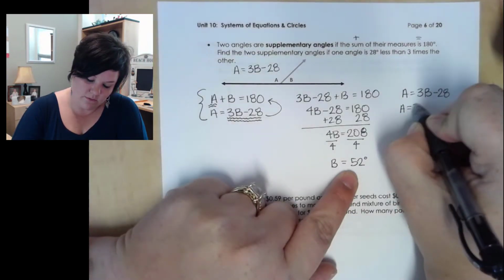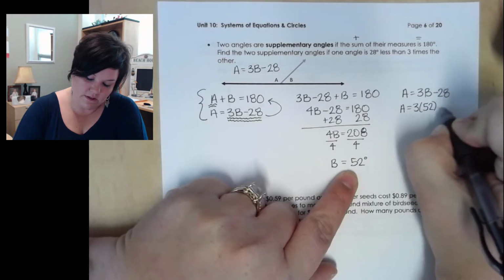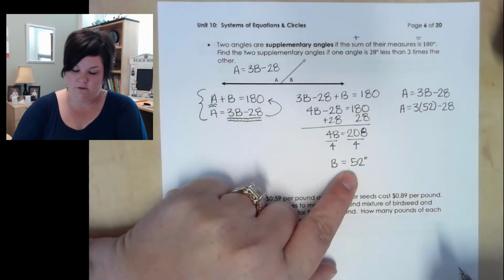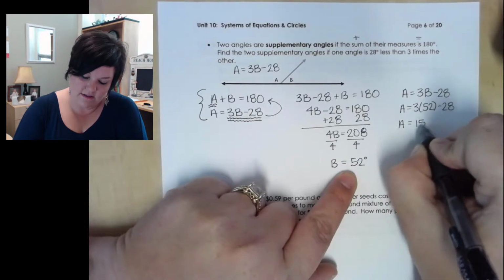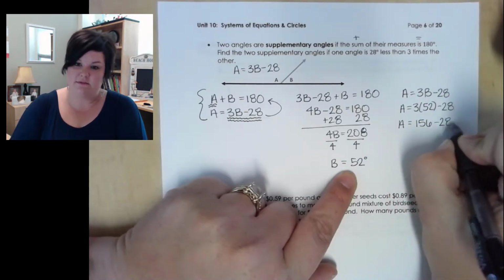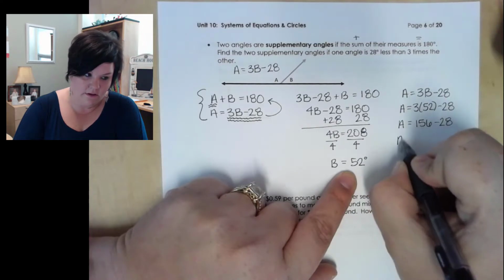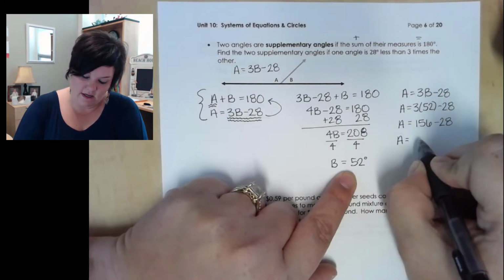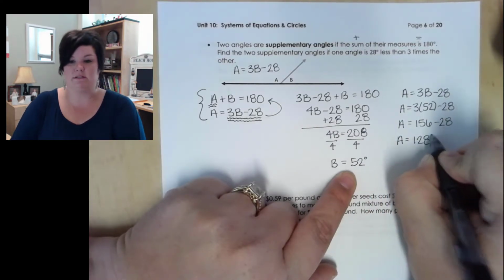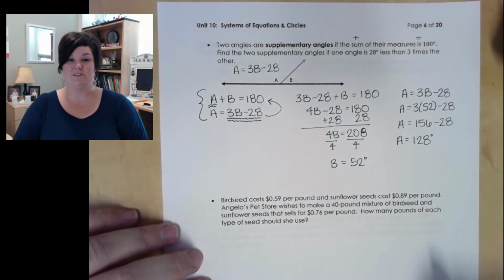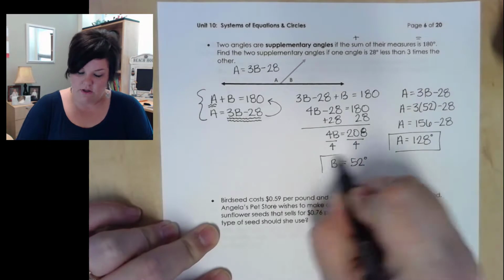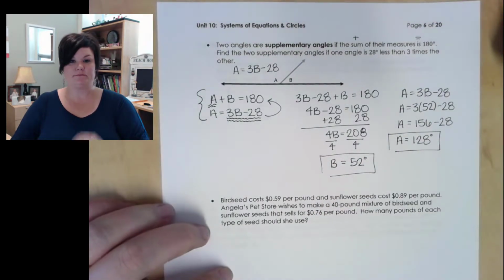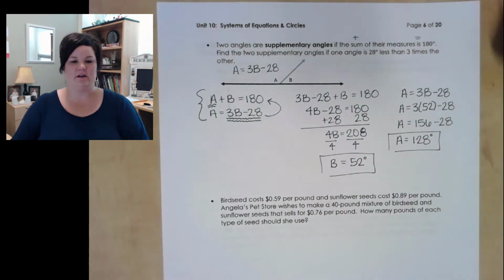So A is equal to 3 times 52 minus 28. 3 times 52 is 156. And then I subtract 28 from that, which tells me that A is 128 degrees. Okay, not too bad. So I'm just going to circle those. That's what the two degrees are of my measures that I have here.